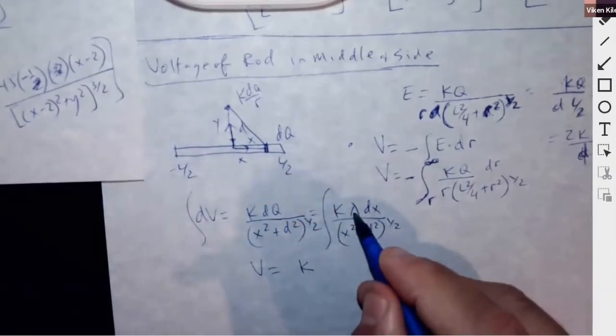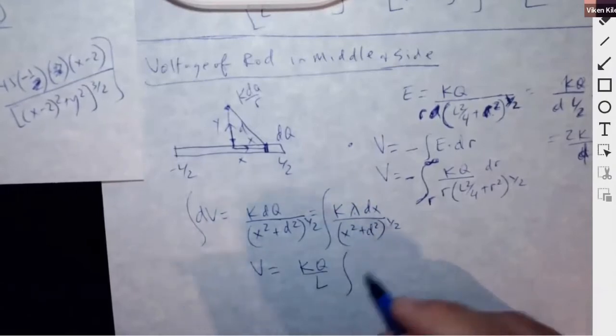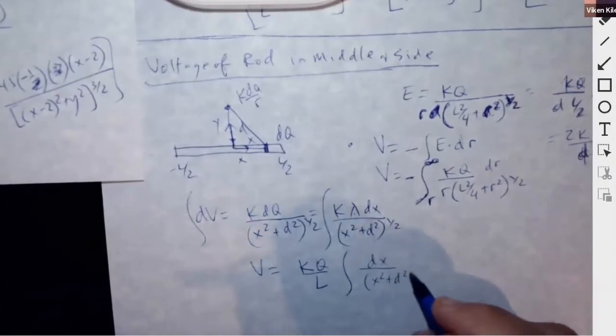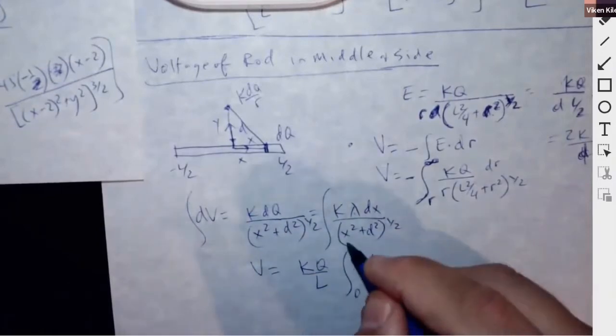And then lambda is going to be Q over L, which comes out of the integral: Q over L, integral dx over x squared plus D squared to the 1/2. And I'm going to integrate 0 to L over 2.